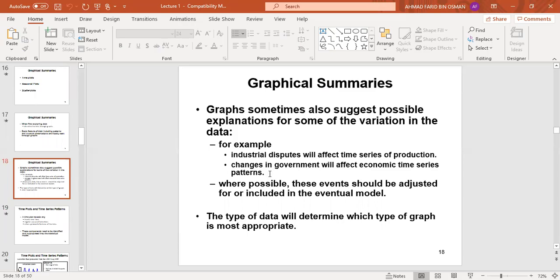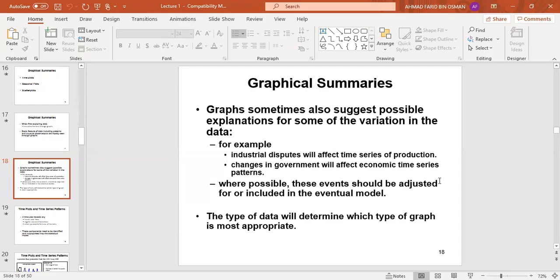So instead of directly producing a model to fit the data, it is important to understand the data first by producing a graph and inspecting it, so that you understand better and make a better decision on how the best model should be constructed. Where possible, such an event should be adjusted for or included in the eventual model.